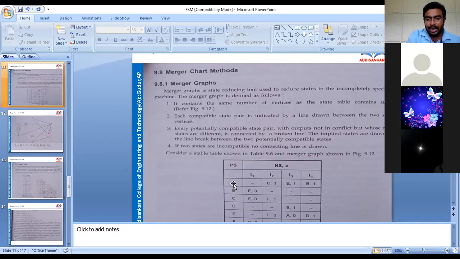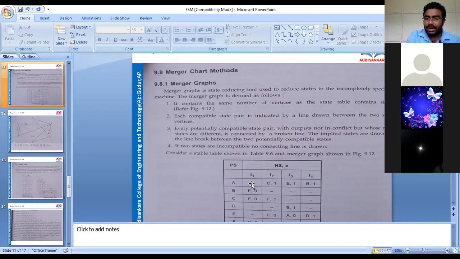Now compare A with B, students. A with B for the different inputs what I am having. Compare the states for the input I1 between A and B. What is happening? Here for A, when input I1 is applied, I have don't care. And for the present state B, when input I1 is applied, I have E, 0. Students, I told you earlier, if you have a don't care in the corresponding box, you can compare both of them like this.